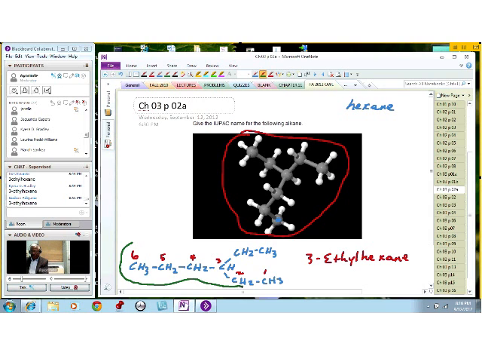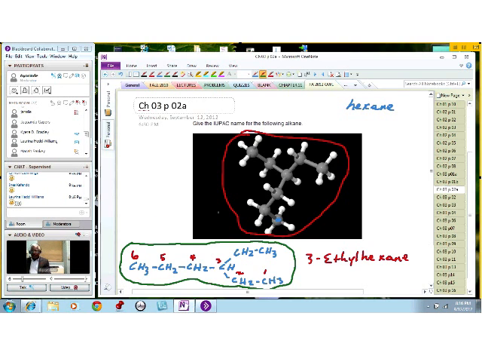This is the 2-dimensional look of the same molecule, and this is 3-ethylhexane. So I think everybody got that right. Now, if this is clear to you, give me a happy face. Okay, good, good.